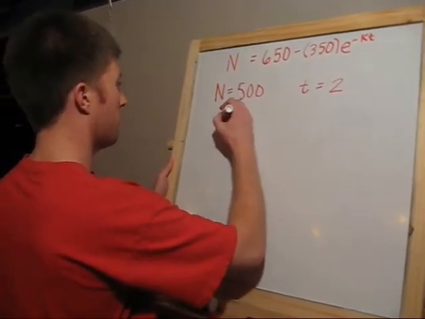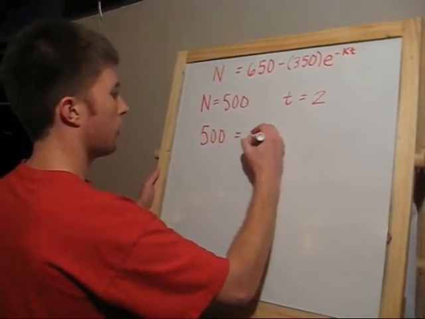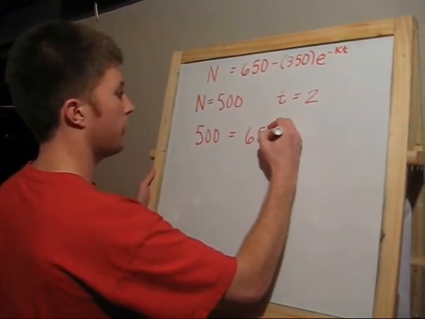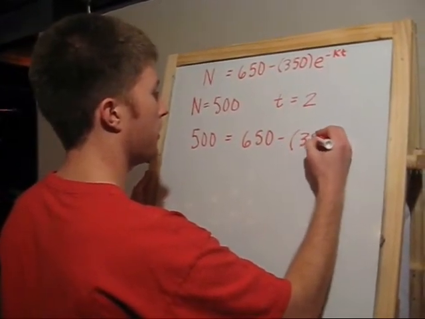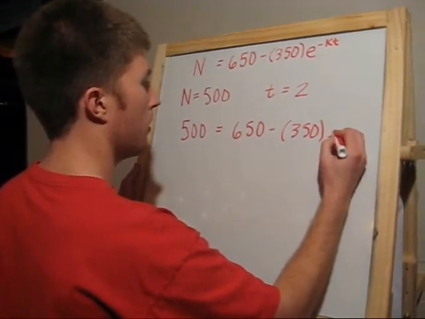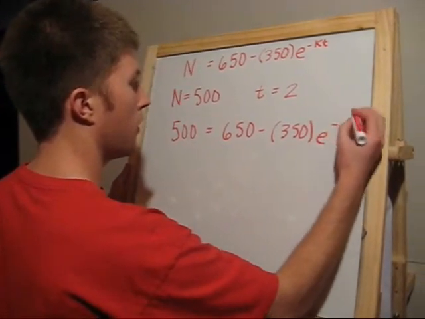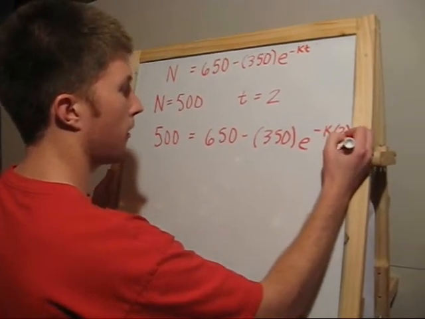Plugging these variables in, we come up with 500 equals 650 minus 350 e to the negative k times 2.